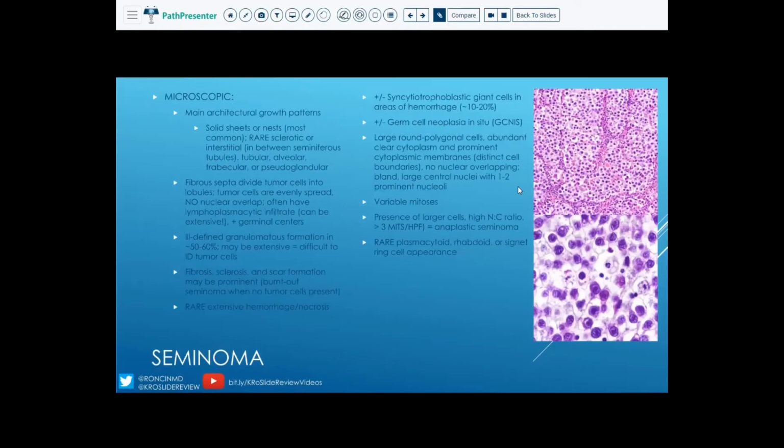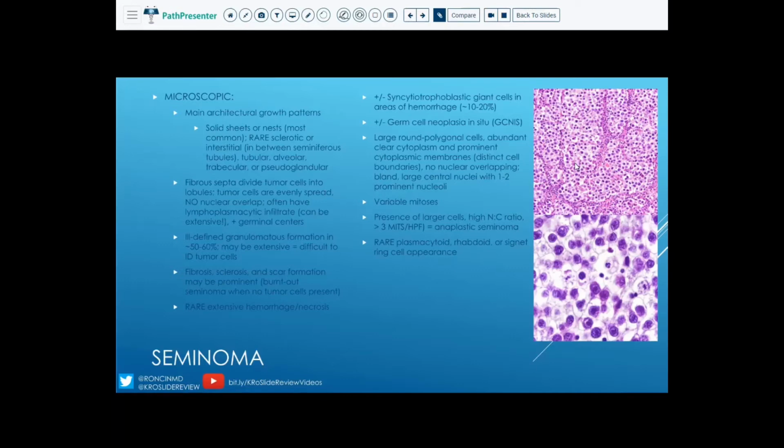Microscopically, there are a lot of different patterns that can be associated with this, but you tend to see solid sheets or nests of cells that are separated by fibrous septae. Within the fibrous septae are going to be your lymphocytes. Something important to note is that the septae are relatively regular, and your tumors are for the most part evenly spread.